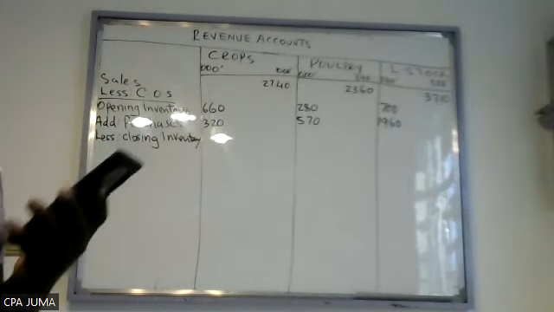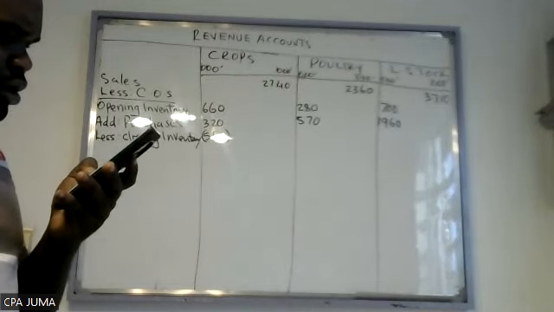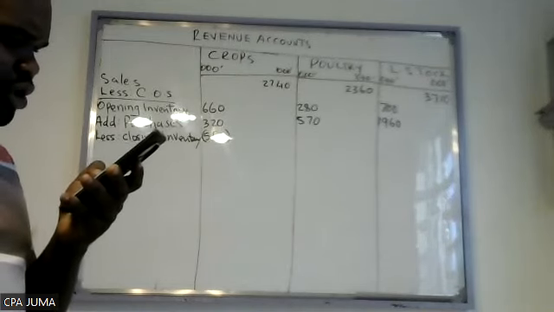Let's go to poultry. Poultry is poultry feed and poultry. There are only 2. 70 plus 140. That should be 210. That is 210.